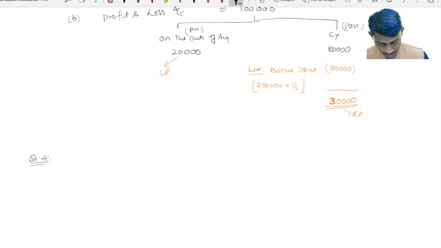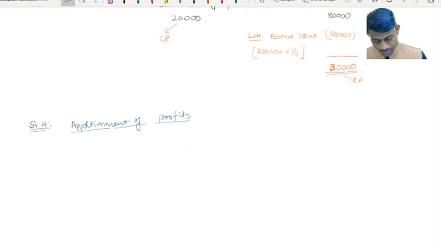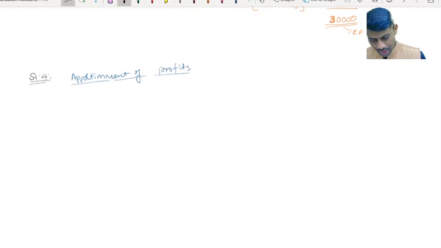Step number 4, apportionment of profits. So here only general reserve is there, so therefore here only capital profit. Revenue reserve, nothing is there.